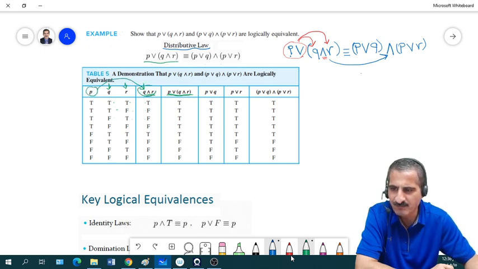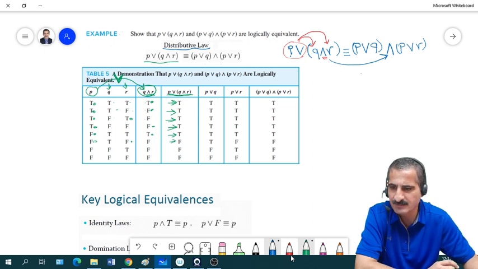So we will have P or Q and R. So we will have true or true, it is true. True or false, it is true. True or true, it is true. True or false, it is true. False or true, it is true. False or false, it is false.